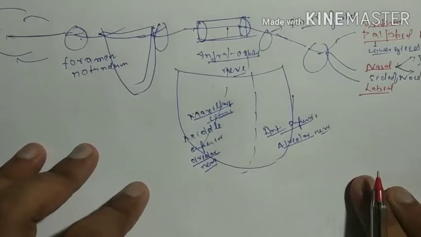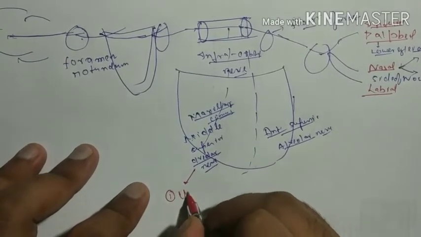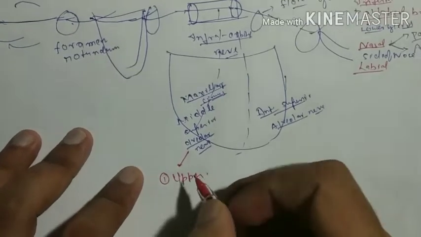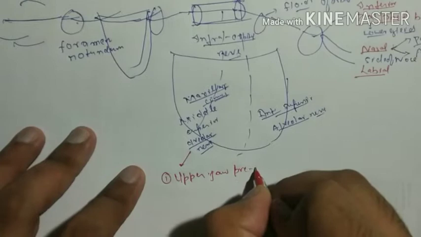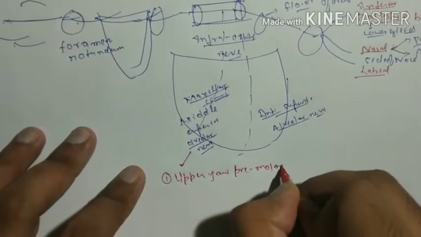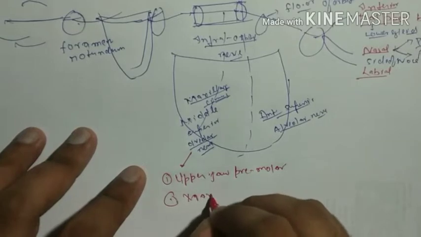The middle superior alveolar nerve gives branches to the upper jaw premolars and to the maxillary sinus.